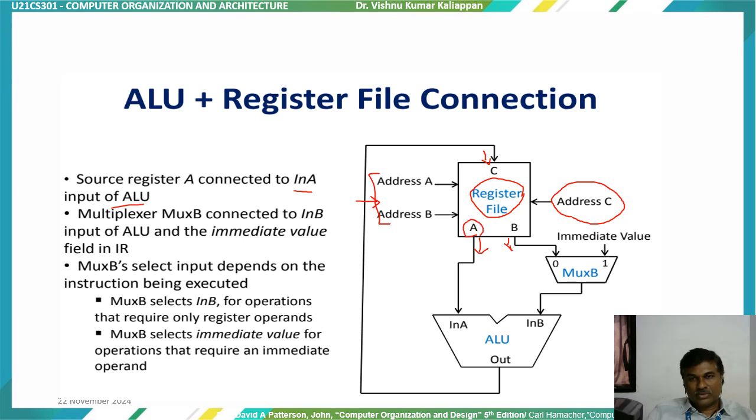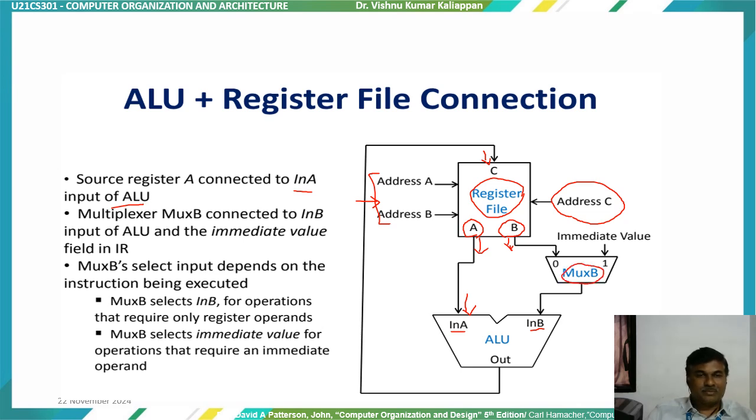The two outputs of this register file, A and B, are connected to the inputs of the arithmetic logic unit. A is directly connected to in A of the ALU, whereas B is connected to in B of the ALU via MUX B.